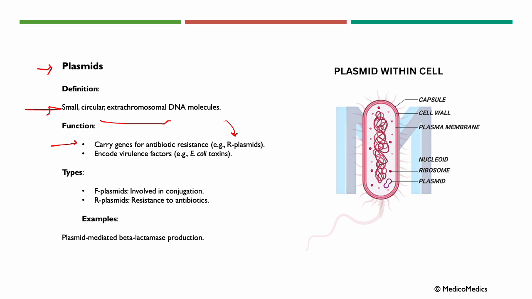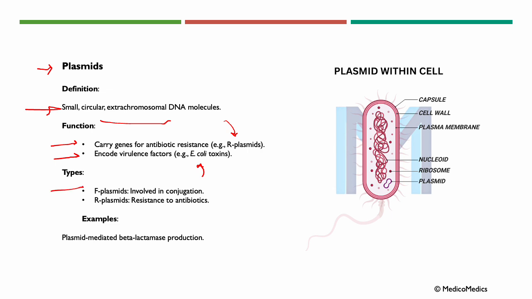These encode resistance genes against multiple antibiotics. They also have virulence factors that enhance bacterial pathogenicity. For example, toxins produced in E. coli.